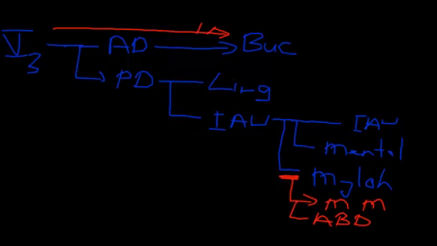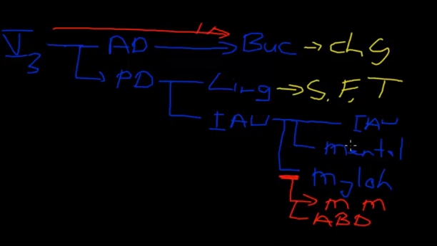And now, what do each of these sensory components supply? Well, the buccal supplies your cheek and gingiva and everything to the lateral side of the molars and most of the premolars. The lingual nerve supplies the lingual gingiva, the floor of the mouth, and the anterior 2/3 of the tongue with sensory.